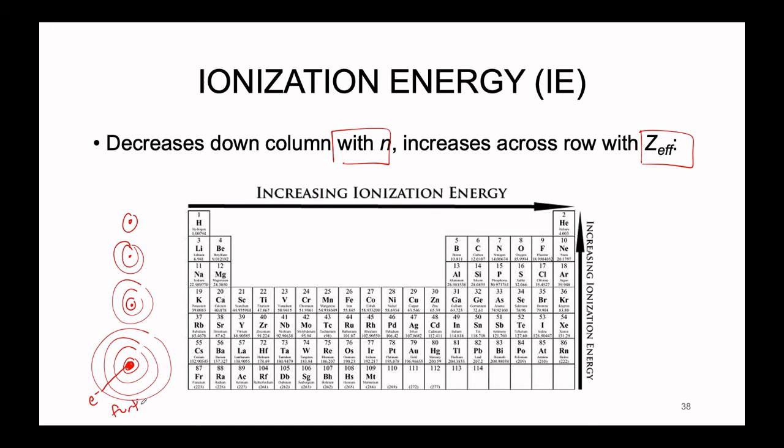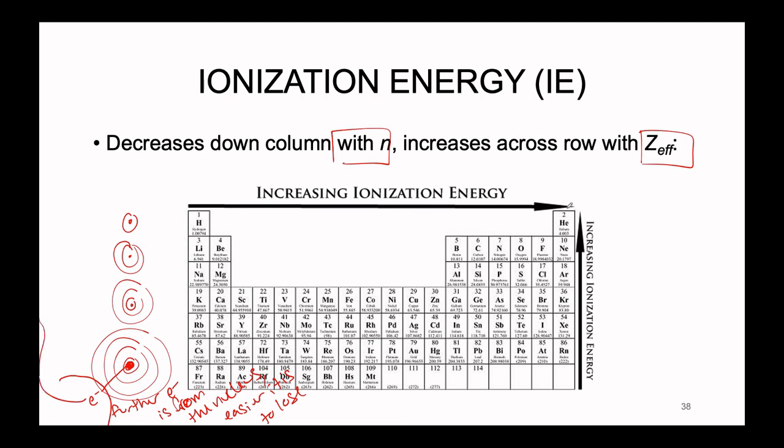So the further the electron is from the nucleus, the easier it is to lose. So the further this electron is from the nucleus, the more likely it is that we can just put in the amount of energy necessary to scoop it away.